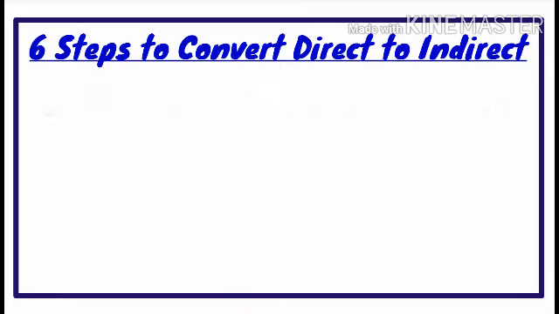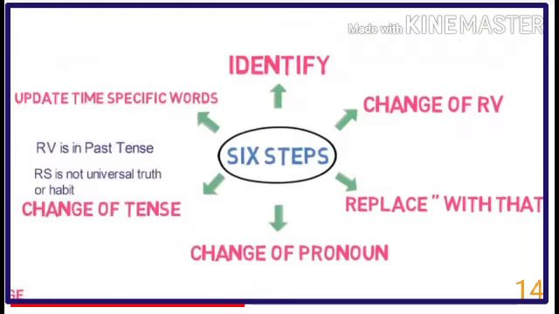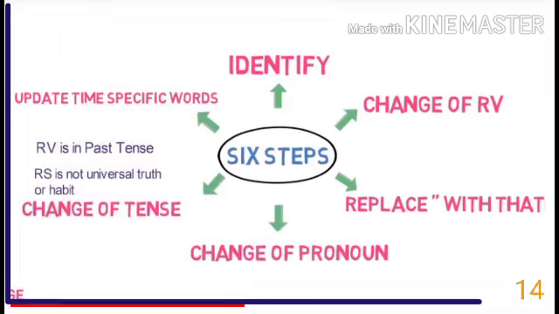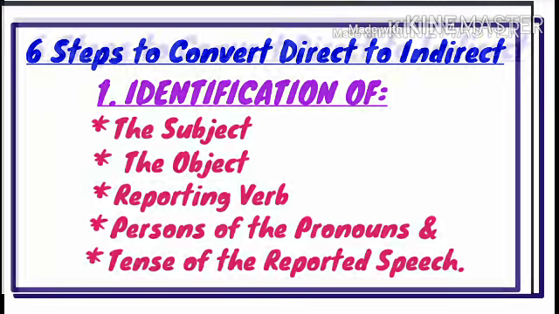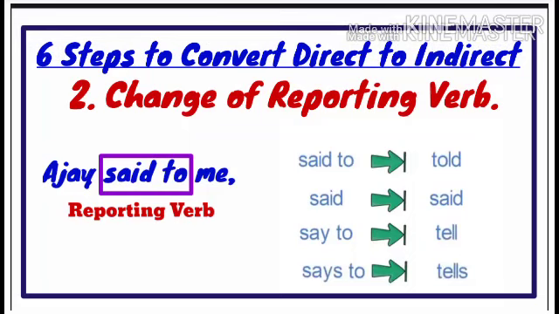So these are the 6 steps that one should learn very perfectly before going to change direct to indirect speech. Once again, remember, at first we have to identify the subject, object, pronoun and tense of the sentence. Secondly, we have to make the change of reporting verb.